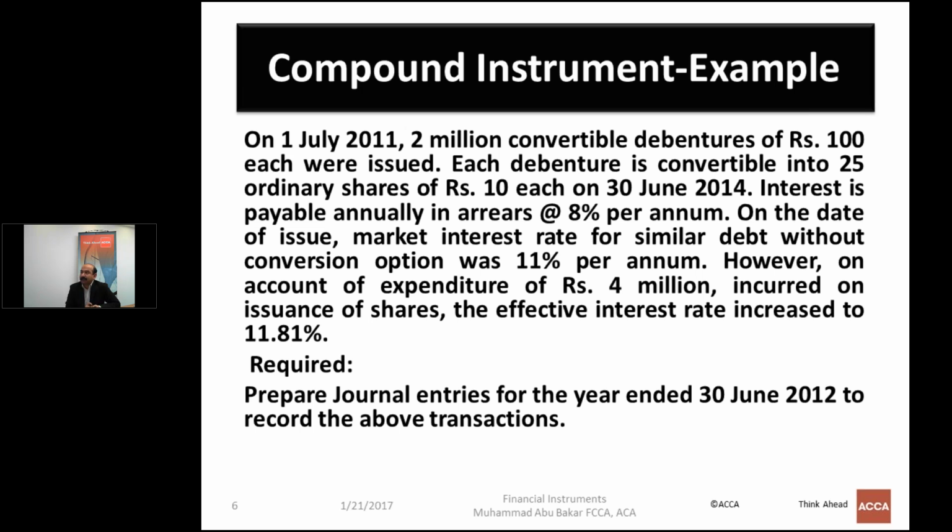However, on account of expenditure of 4 million incurred on issuance of shares, the effective, it should be on debentures. It should not be shares, it should be debentures. Please make it debentures.